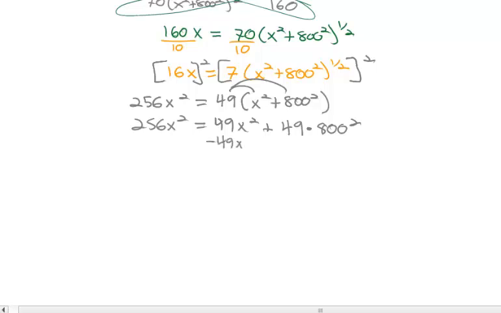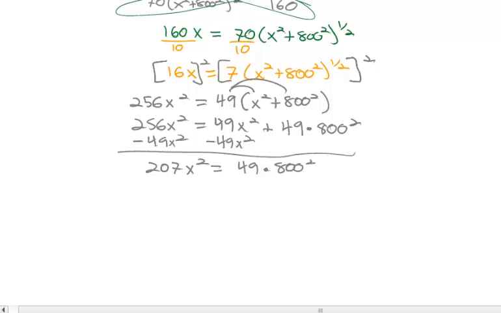Subtract 49x squared from both sides, getting all the x squareds on one side. 256 minus 49 is 207. X squared equals 49 times 800 squared. We'll divide both sides by 207. We have 49 times 800 squared divided by 207.